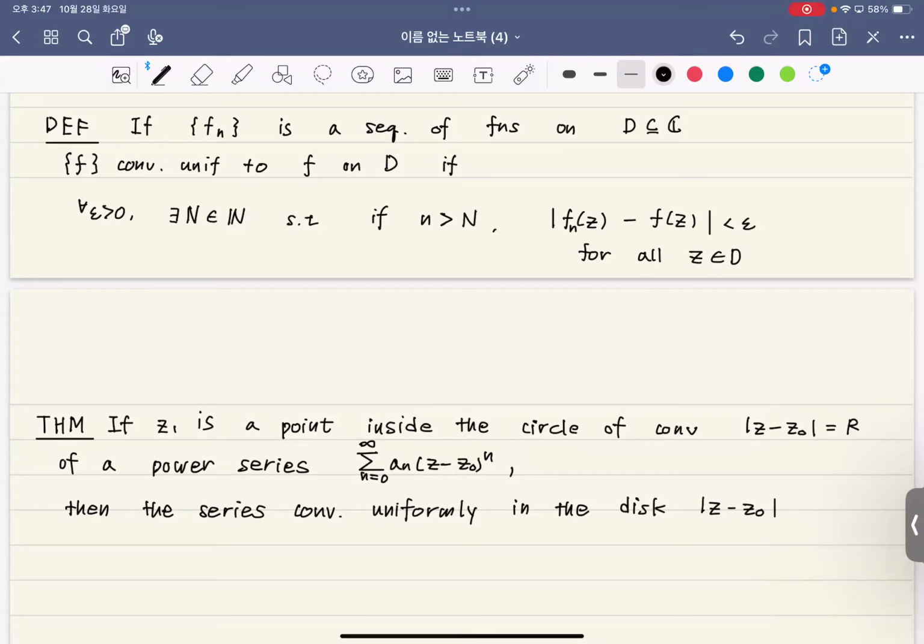Thank you for pointing this out. That was really a stupid mistake. All right, so coming back to the uniform convergence of the series: the series converges uniformly in the disk. Which disk?